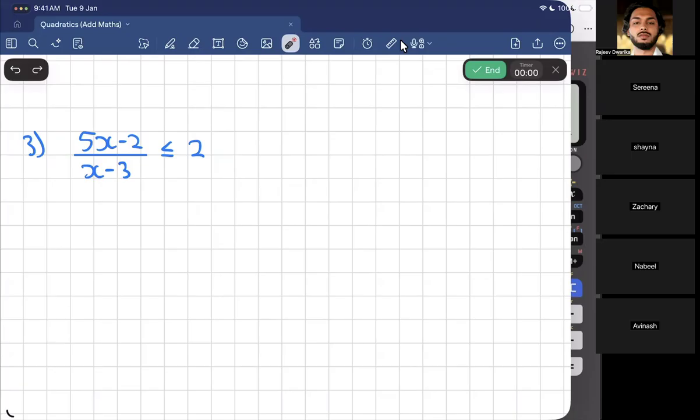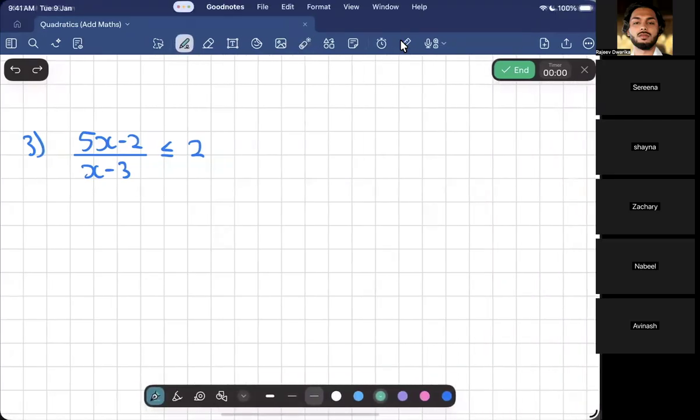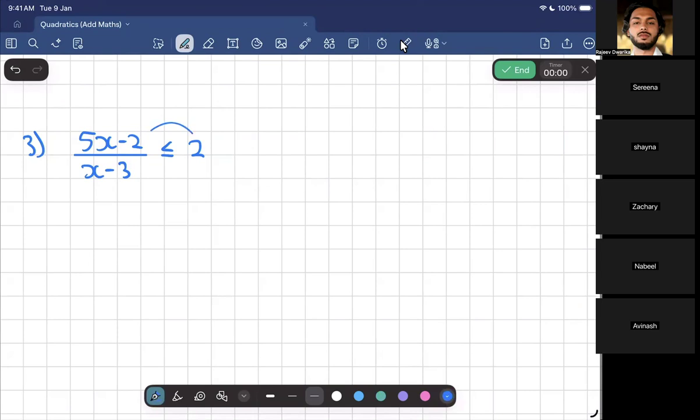So Avinash, let me start off. First things first, you're accustomed to dealing with questions that are less than or equal to or more than or equal to 0. That being said, we are going to make an effort to move across the 2. I'll tell you the point at which things went wrong.